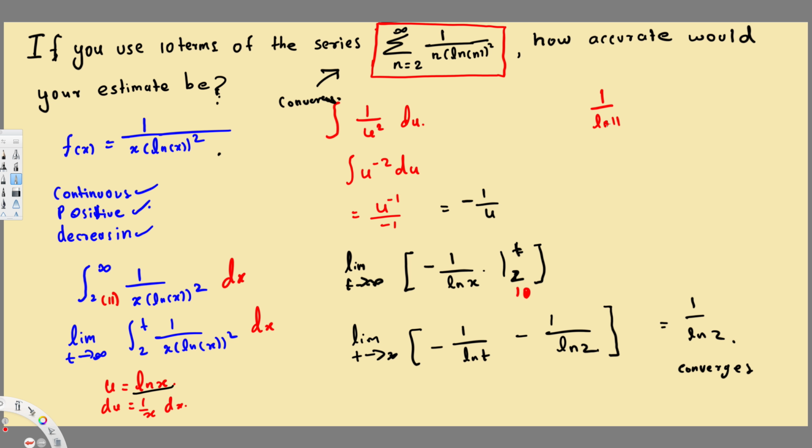So our approximate error is going to be R10, and if you want to be more accurate, it is going to be between 1 over ln 12 and 1 over ln 11. That's going to be the final answer, and that's how we do this kind of problem.